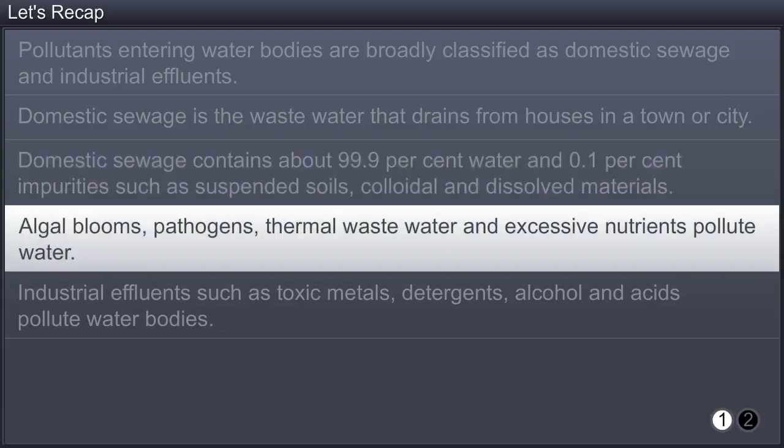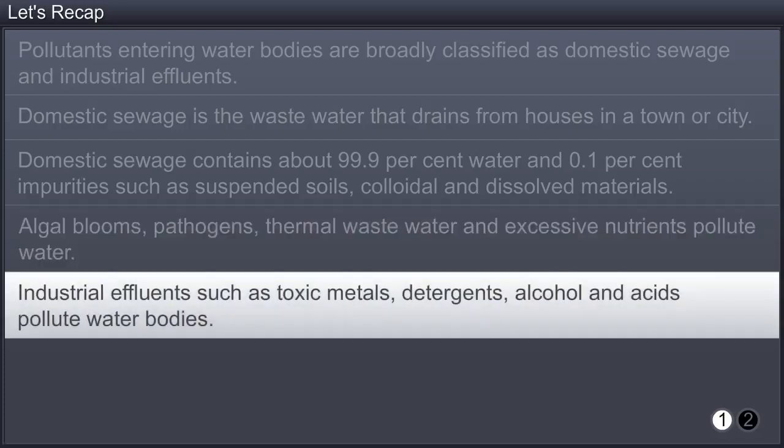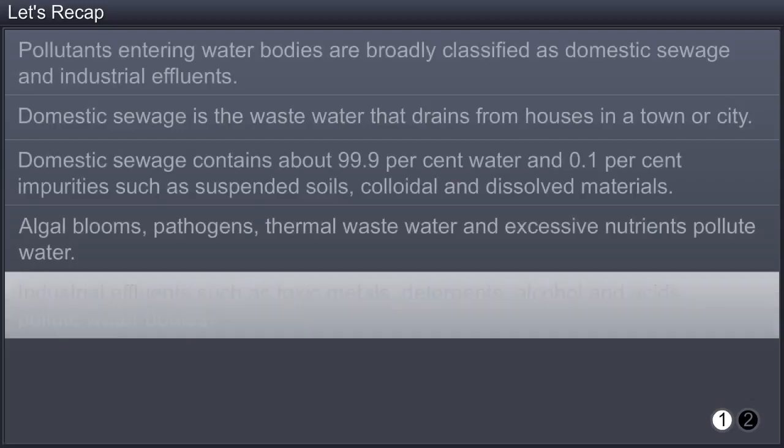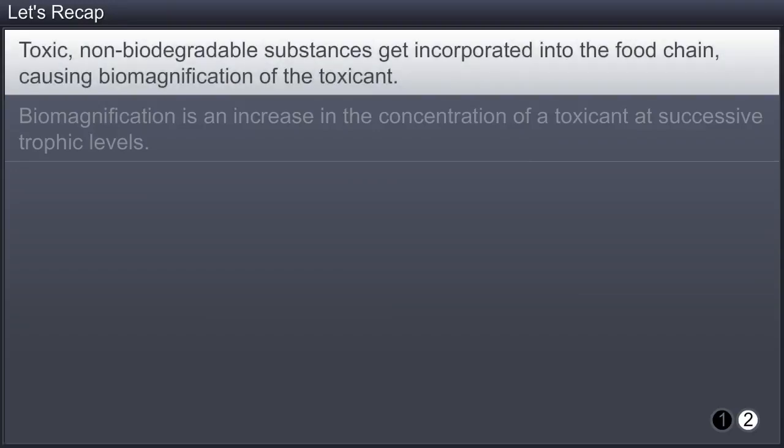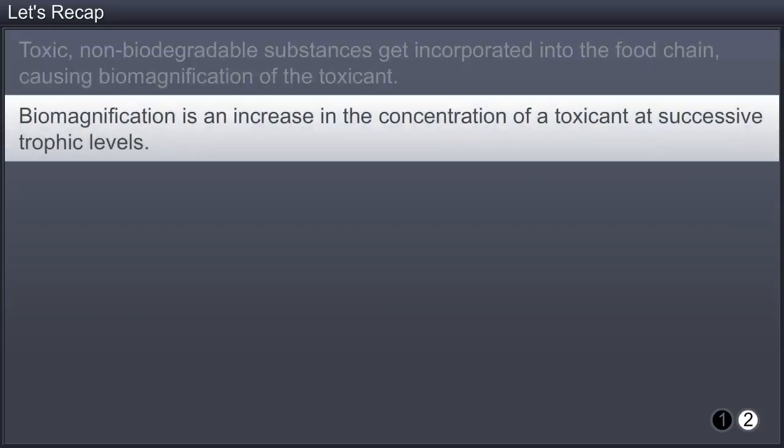Algal blooms, pathogens, thermal wastewater, and excessive nutrients pollute water. Industrial effluents such as toxic metals, detergents, alcohol, and acids pollute water bodies. Toxic non-biodegradable substances get incorporated into the food chain, causing biomagnification of the toxicant. Biomagnification is an increase in the concentration of a toxicant at successive trophic levels.